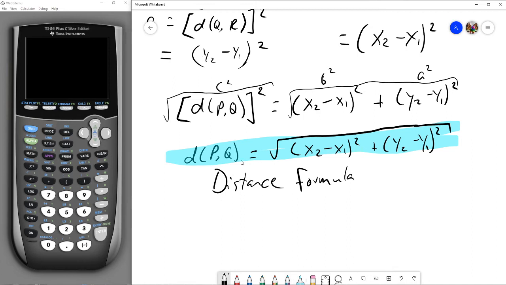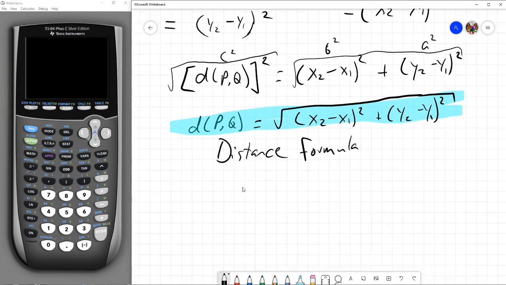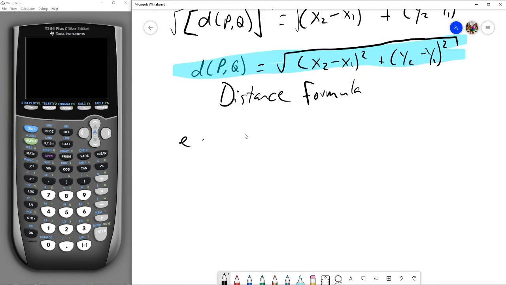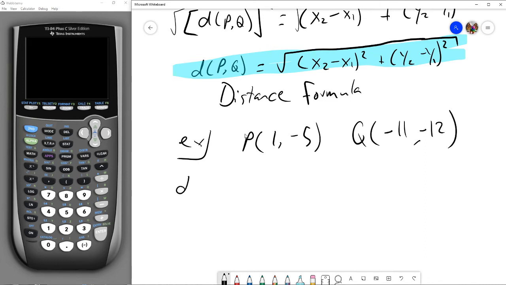To find the distance between any two points, we can use this formula here. So, for example, if I have a point P at, how about (1, -5), and Q is at, how about (-11, -12). Then if I want to know the distance between these two points, all I have to do is first draw a ginormous square root.